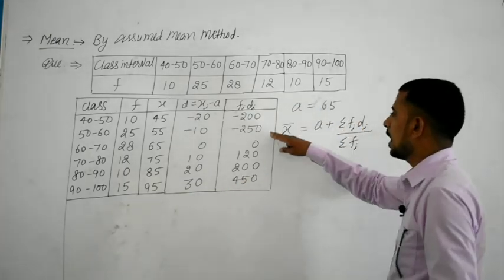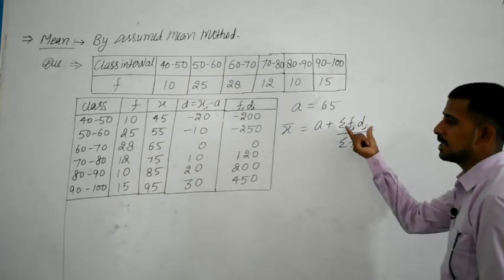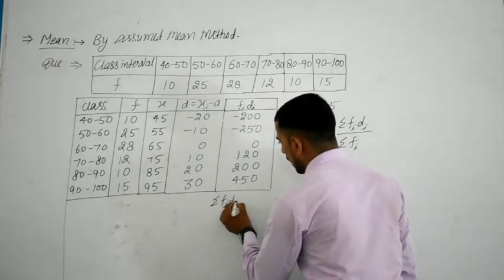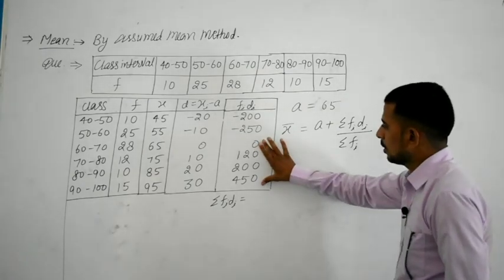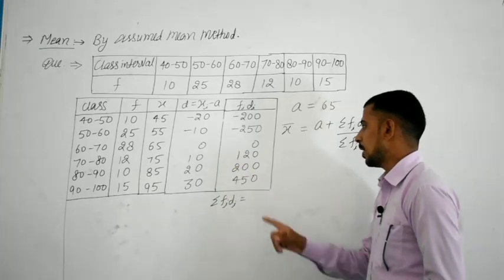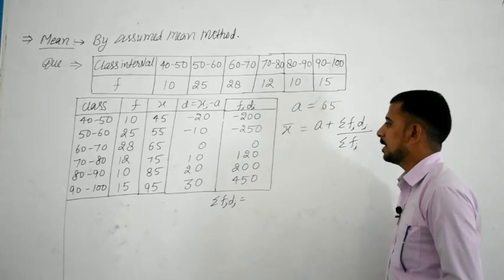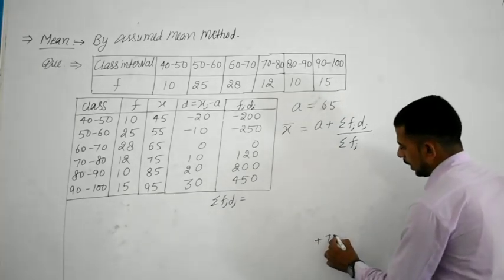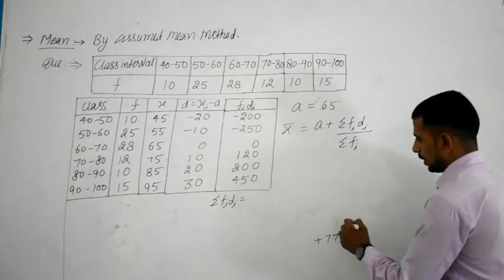Here some values are positive and some values are negative. First find the value of summation fi di. First sum all positive values: 120 plus 200 plus 450, that is 770. Positive values total 770 and negative values total 450.